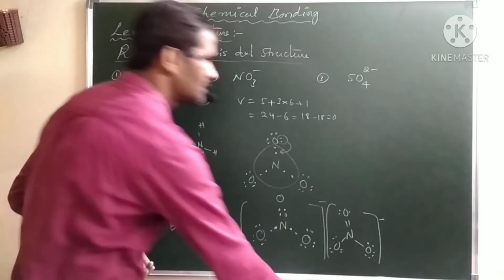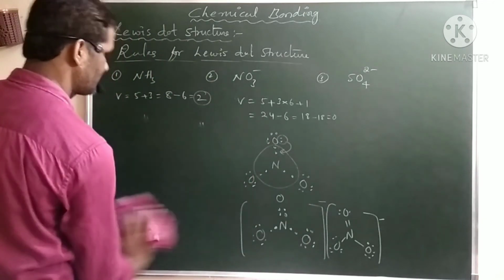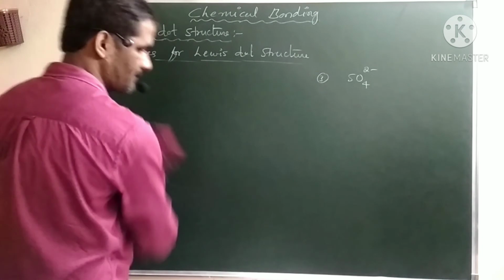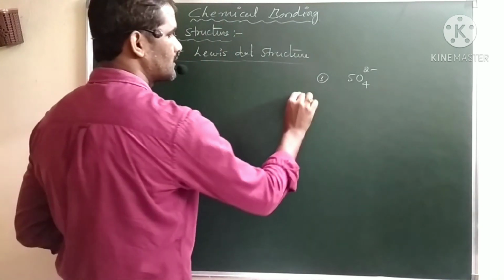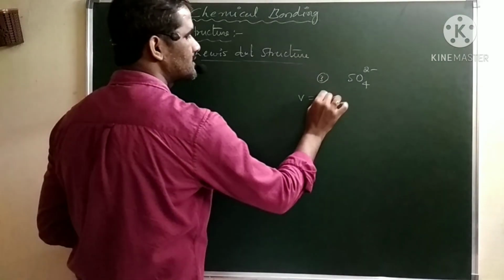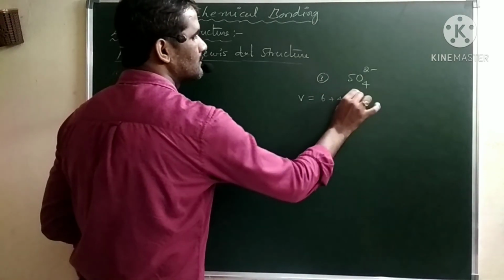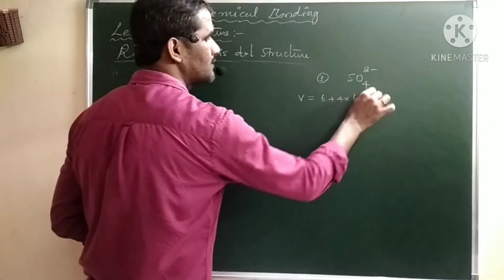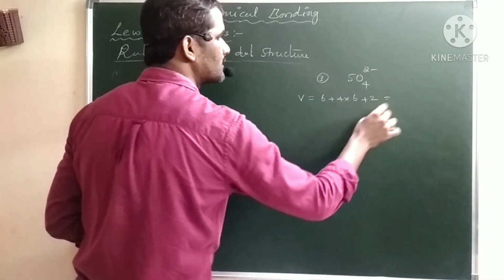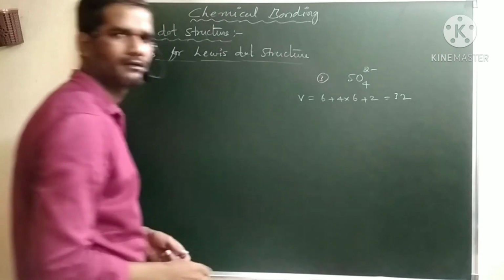Similarly the last one, sulfate. Sulfur, again total valence electrons in the molecule: sulfur 6, and there are 4 oxygens 6 each, and 2 negative, and overall you will get 32 valency electrons.